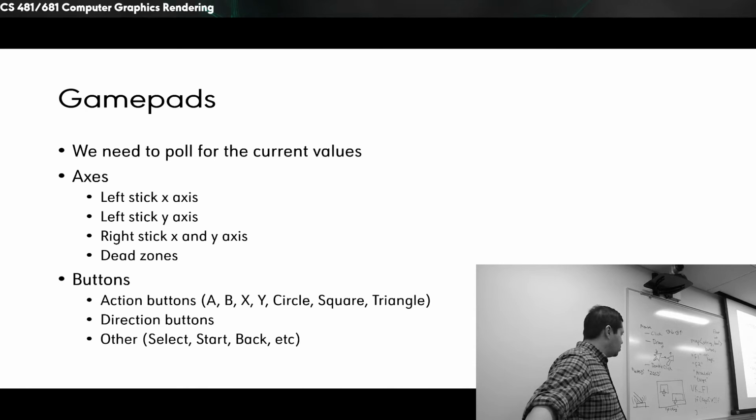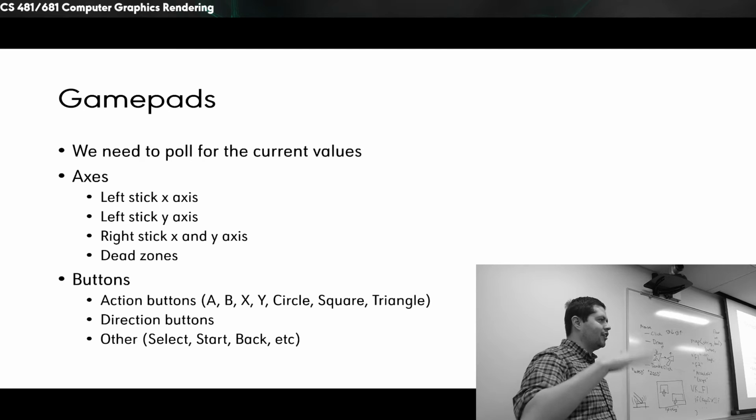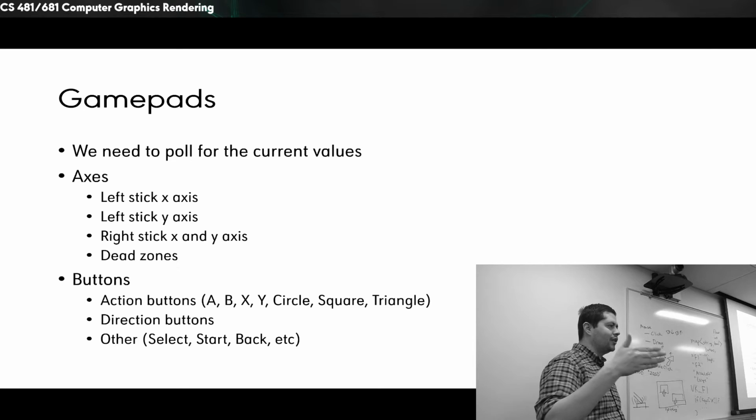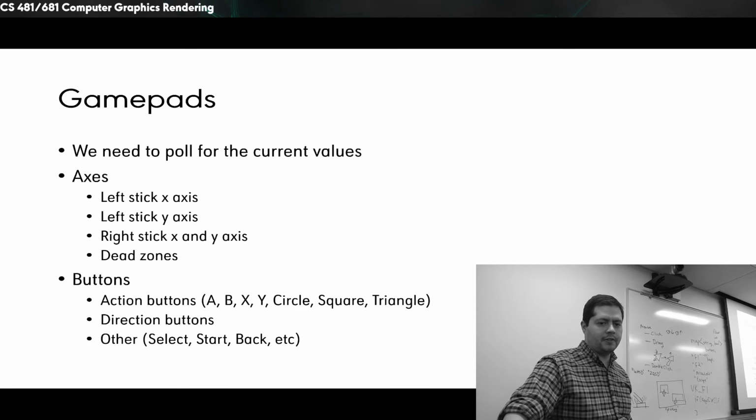That's probably even going to cause those problems to happen even more, because those button presses are going to be quick on, off, on, off, on, off. And if you're not polling for those, sometimes you might get it, sometimes you might not. So polling frequency is going to affect that.